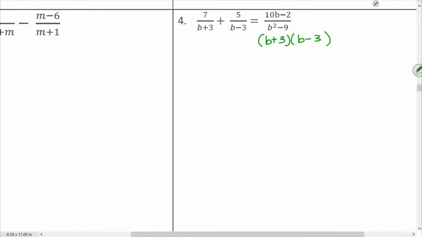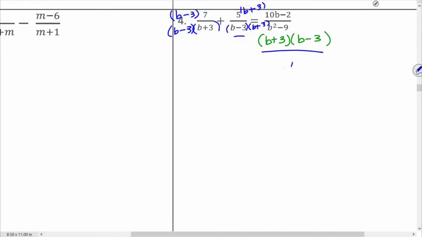So I'm first going to take that initial step of finding common denominators for all of my terms. And so what does this one have that this one doesn't? And it's a b minus 3, top and bottom. And then what does this one have that this one doesn't? And it's a b plus 3 and a b plus 3.